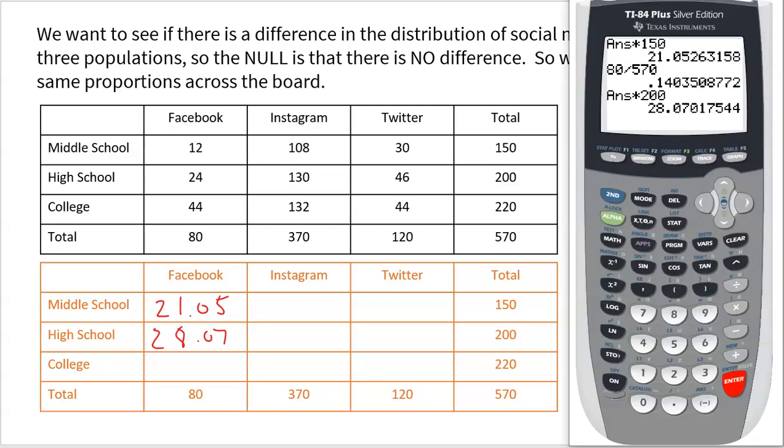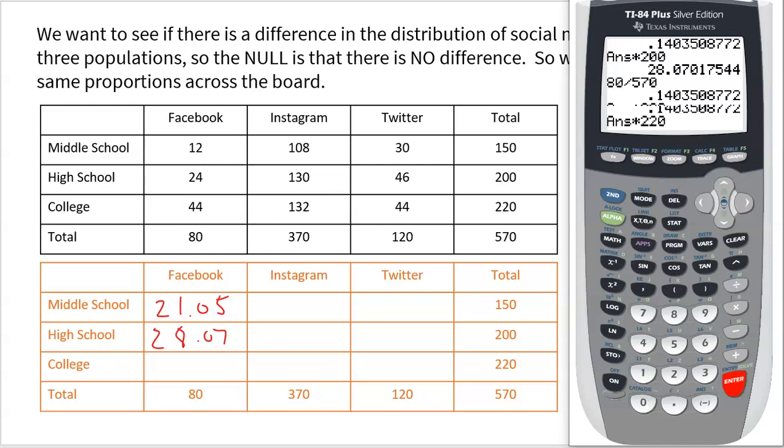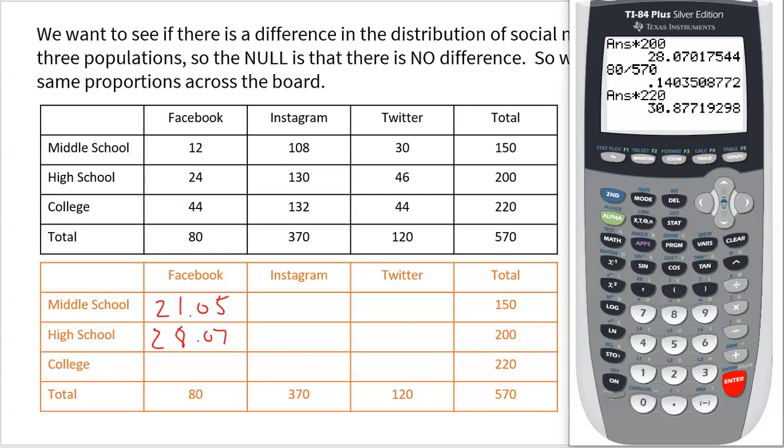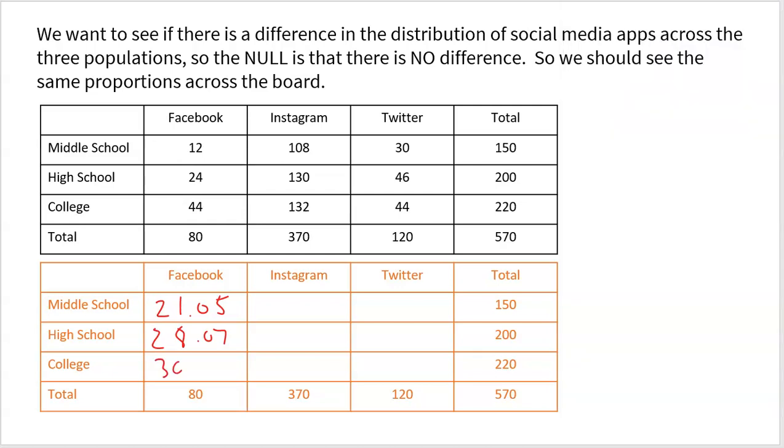And again, 80 divided by 570, that's my 14%, times the 220 college students, about 30.88, if you round that to two decimals. So now what we're doing is comparing the observed values to the expected values. We see high schoolers were pretty close, but middle schoolers we observed way less. College students we observed way more. So is this going to lead us to evidence that they are not the same across the different populations?